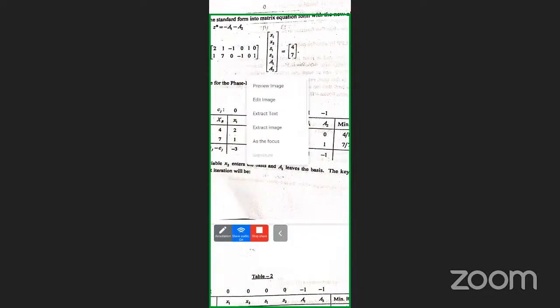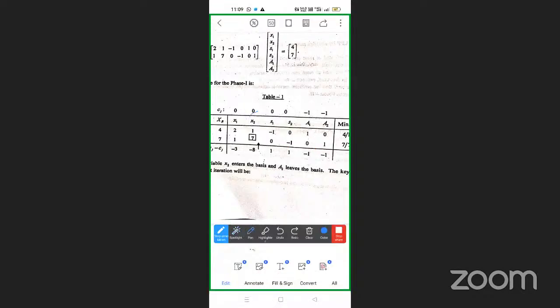So a2 is replaced by x2. We convert the key element to 1: since 7 is there, we divide the whole row by 7, R2 divided by 7.